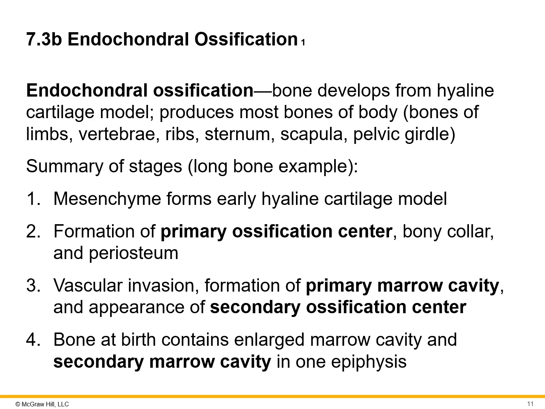At birth, the bones, specifically the long bones, will contain an enlarged marrow cavity, and then there will be a secondary marrow cavity in 1 to 2 of the epiphyses, depending on what bone we're talking about.